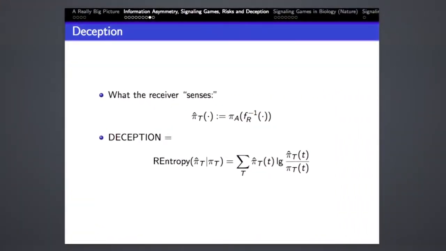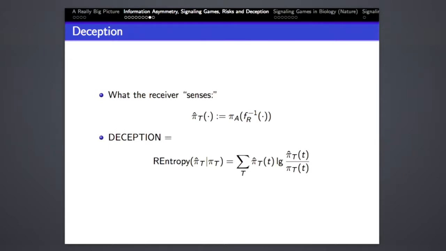And then the receiver has a subjective probability. At the Nash equilibrium, there is a subjective probability. And if I am an outside observer, I can compare them and see how far apart they are. Right? That's the Kullback-Leibler divergence between these two distributions, and that's what I'm calling deception.